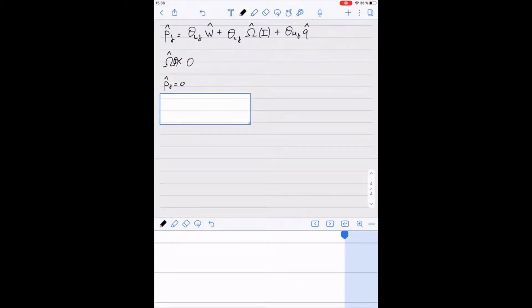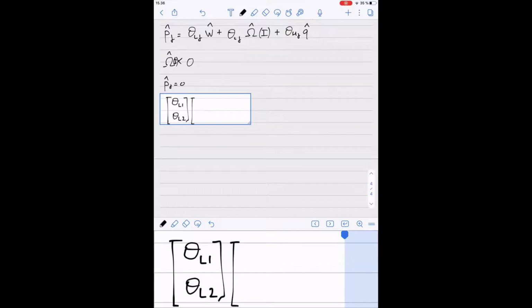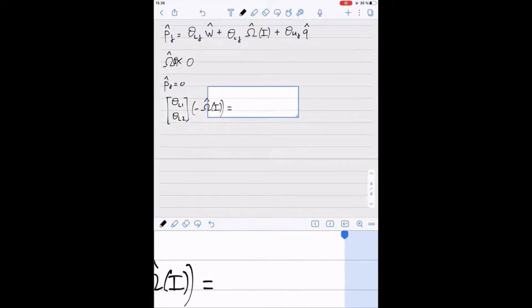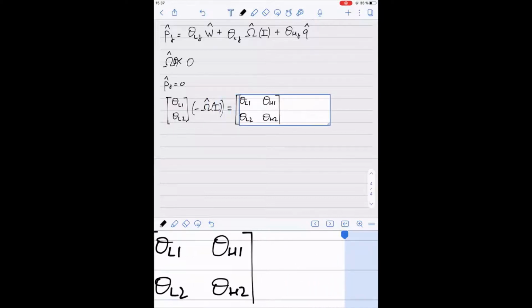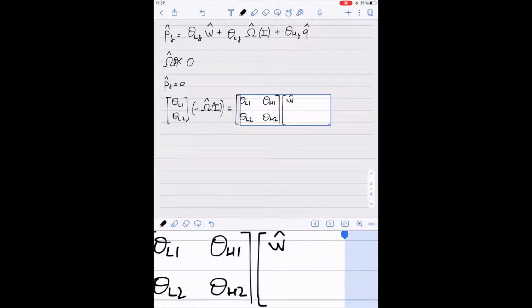So if we want to write this in matrix notation like we did for the Stolper-Samuelson theorem, we can bring omega hat I to the left-hand side, so that we have a vector of theta L1, theta L2, times minus omega hat I, and this is equal to our matrix, which is the same matrix as in the Stolper-Samuelson theorem, theta L1, theta H1, theta L2, theta H2, which multiplies the vector of factor price changes, W hat, Q hat.